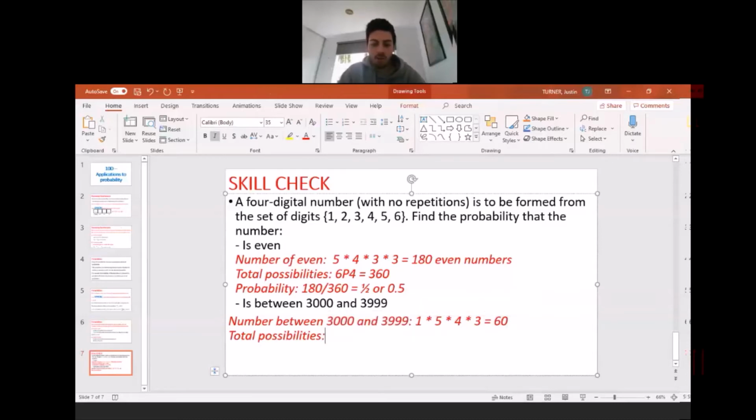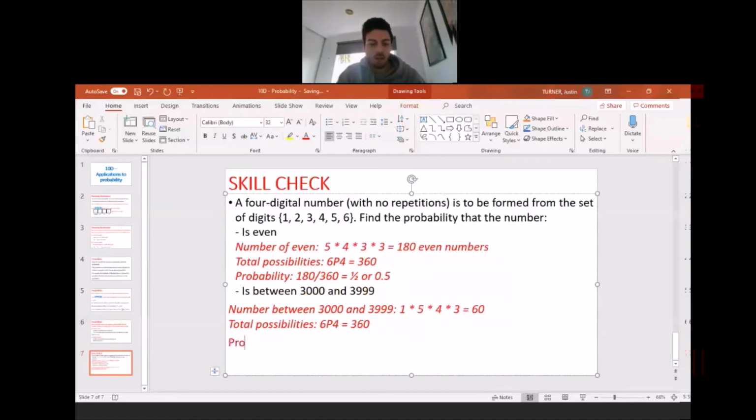The total possibilities are the same: it's still 6P4, which we know is 360 from before. So the probability will be 60 options for this restriction out of a total possible 360, which simplifies down to 1/6.